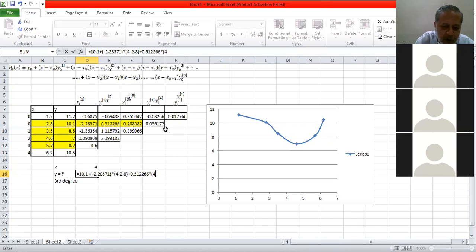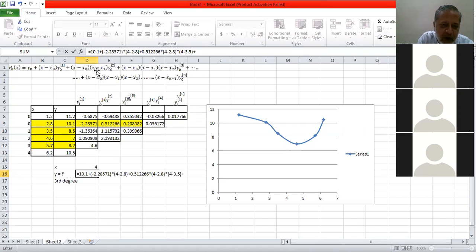So x is 4. 4 minus x naught is 2.8 multiplied by x minus x1. So 4 minus x1 is 3.5. The second term is written.